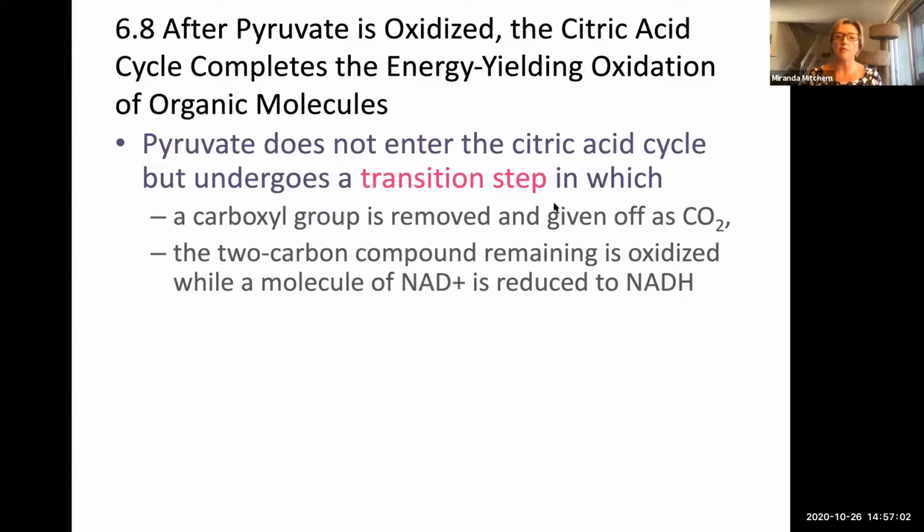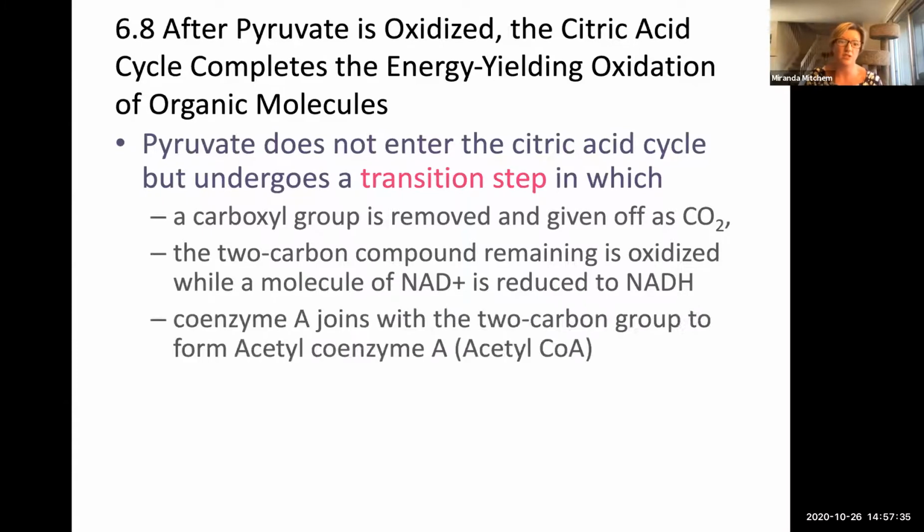So this 2 carbon molecule that's left is oxidized. And to do that, oxidation requires reduction. Those reactions always occur together, the redox reactions. Because if a molecule is oxidized, something is reduced, right? That electron has to go somewhere. Oxidation involves loss. Where does it go? Reduction involves gain. It goes on to NAD plus and reduces it to NADH.